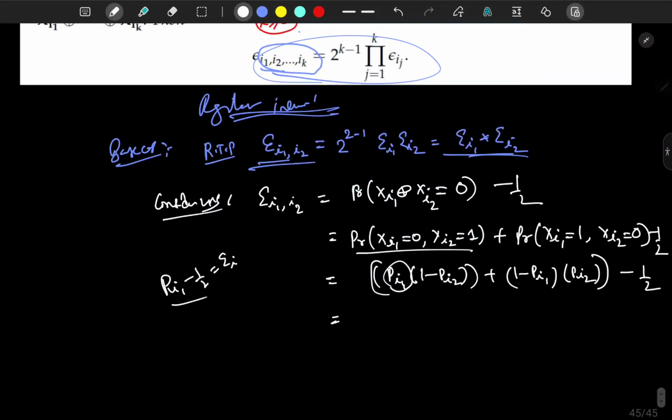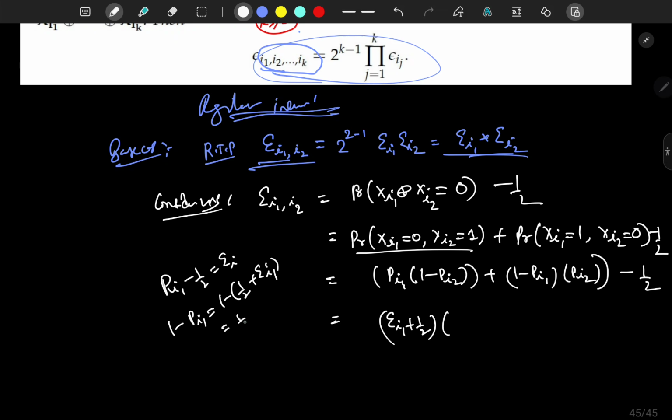So how can you write this then? pi1 means epsilon i1 plus 1 by 2, pi2 means 1 by 2 plus epsilon i2, and 1 minus pi1 will become 1 minus 1 by 2 plus epsilon i1, that is 1 by 2 minus epsilon i2.